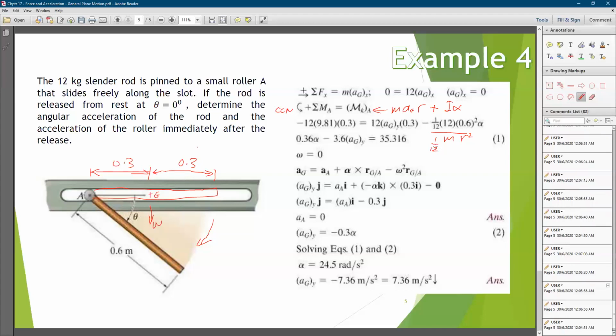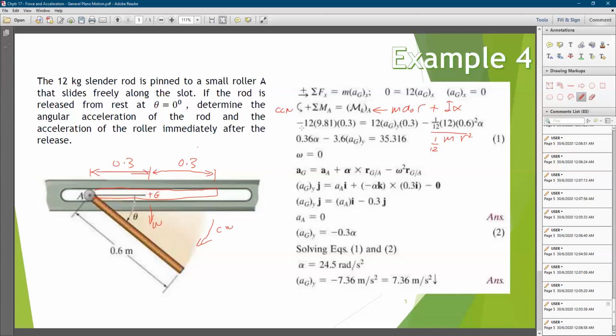And this part here is M AG in the y direction, because we know that AG in the x direction is equal to 0. The force W here creates clockwise motion, times 0.3.